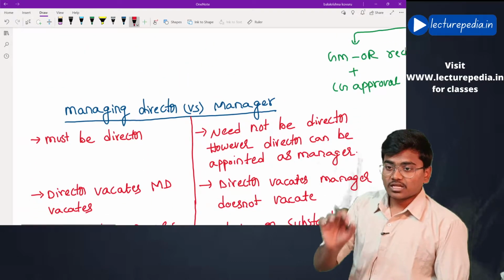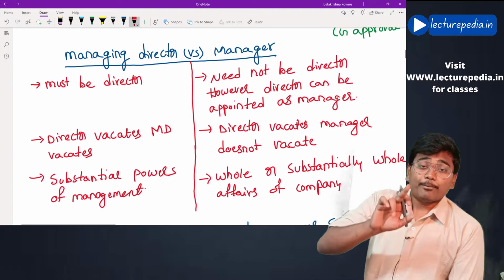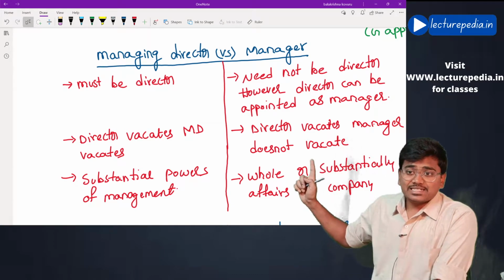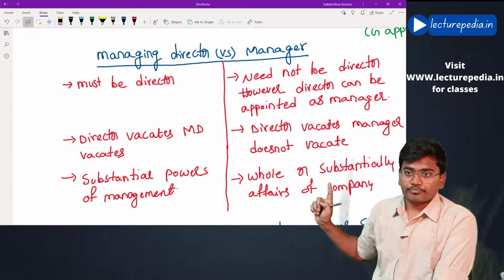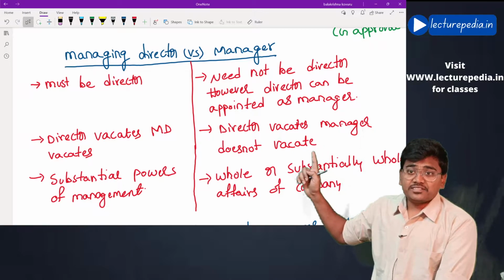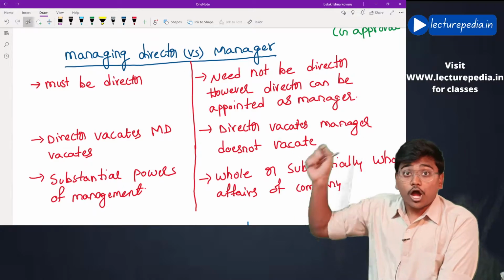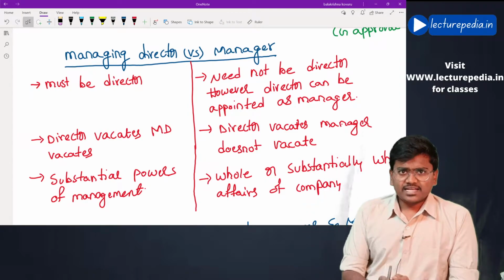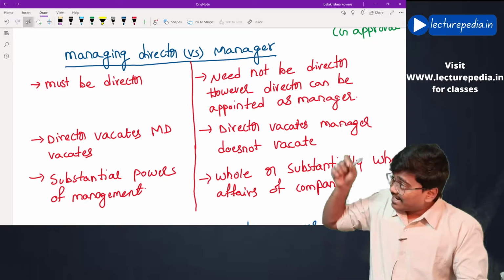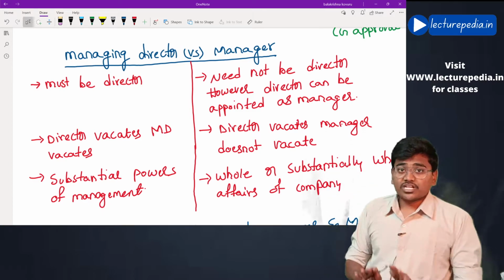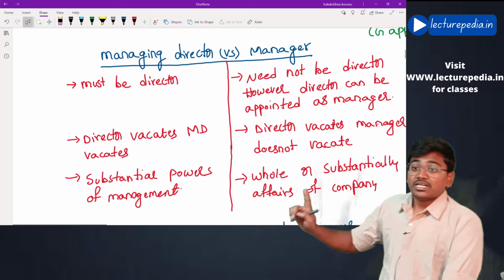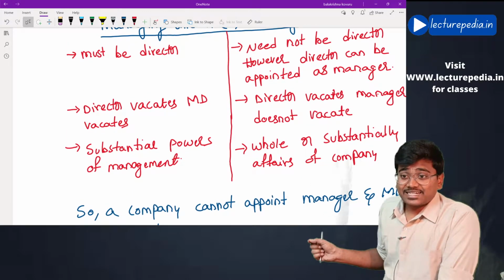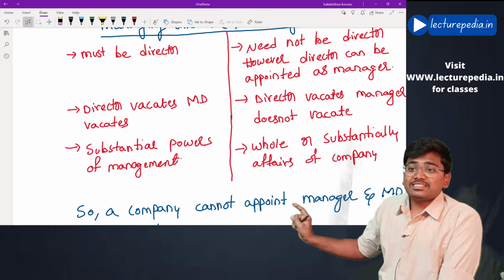Now, let us understand the difference between managing director and manager. First of all, managing director must be a director, whereas manager need not be director. However, director can be appointed as a manager. Okay, manager need not be director, but a director can be appointed as a manager. There is no prohibition. Now, here in case of managing director, if director vacates, then the managing director also vacates.